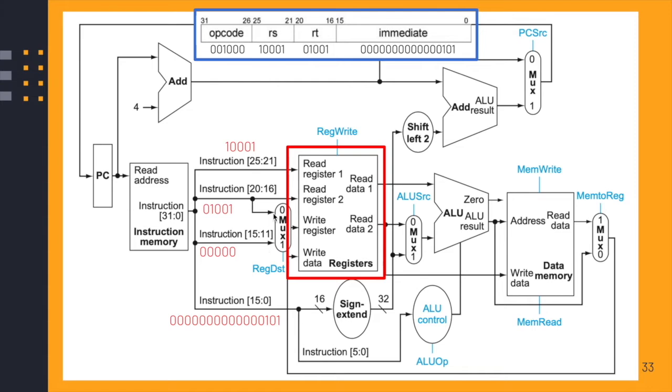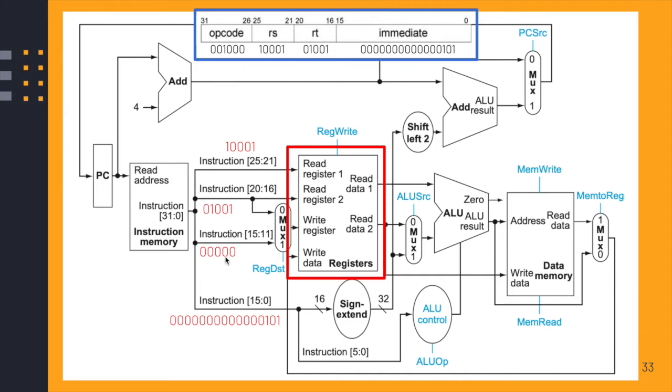So guess what? This multiplexer acts as a gate and will allow the value of instruction bits 16 to 20, which is the register number of register RT, which will be our target register, to pass and become the write register. So our data will be stored in register RT. Because this multiplexer passed the number of register RT, it informed the register file that you need to store your data in this register, which is register RT.